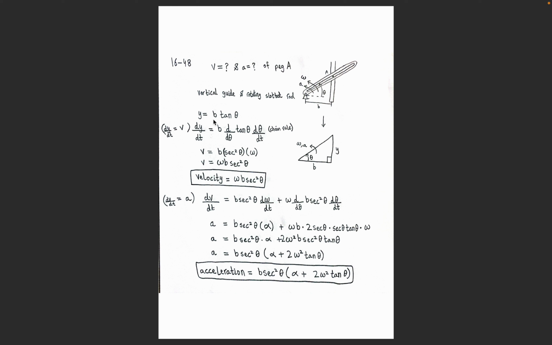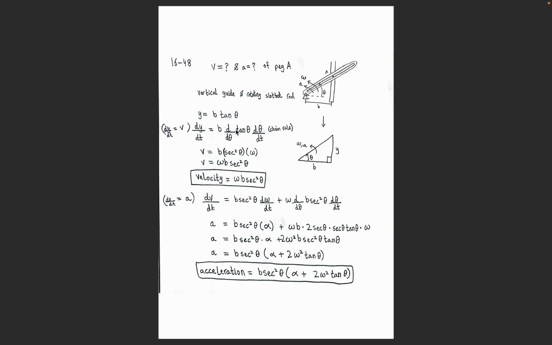We have to differentiate with respect to t on both sides, but here the equation is in terms of theta, so we have to use the chain rule. In the chain rule, b comes outside because it is a constant multiplied by tan theta, and the remaining term is differentiated.